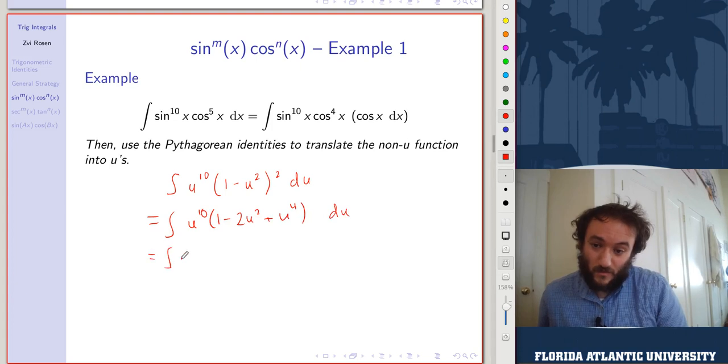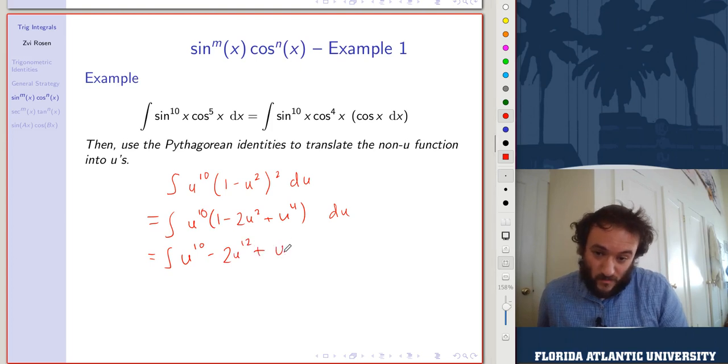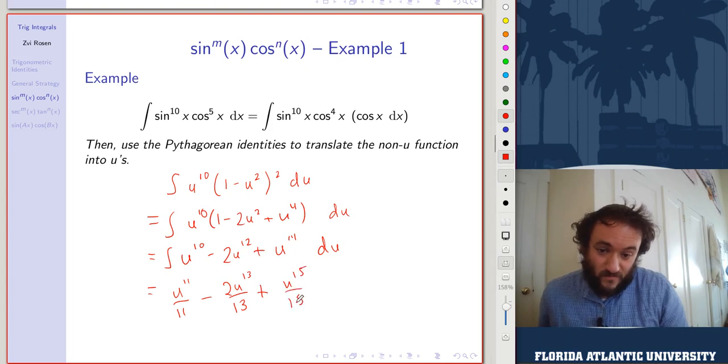And that's equal to u to the 10th minus 2u to the 12th plus u to the 14th du, which is u to the 11th over 11 minus 2u to the 13th over 13 plus u to the 15th over 15 plus c.